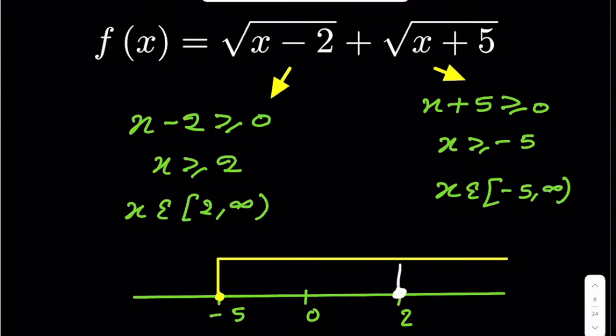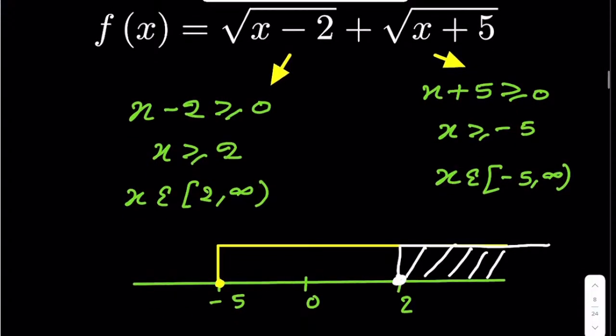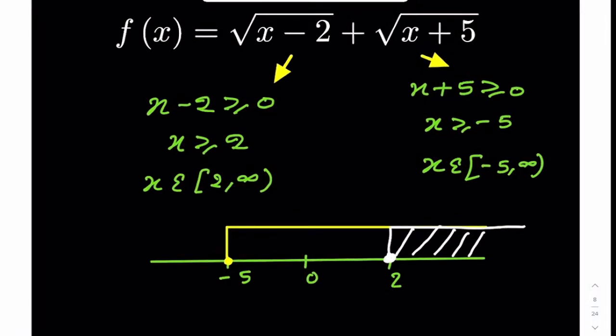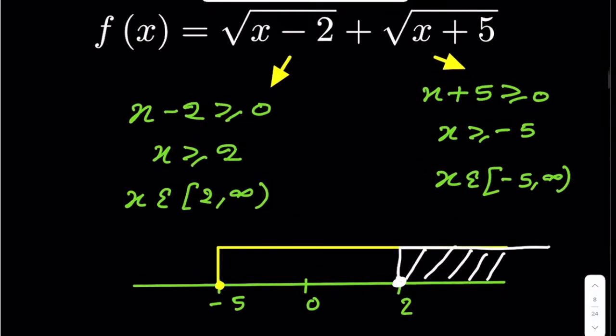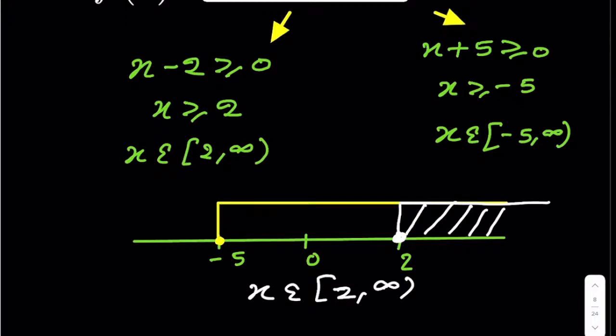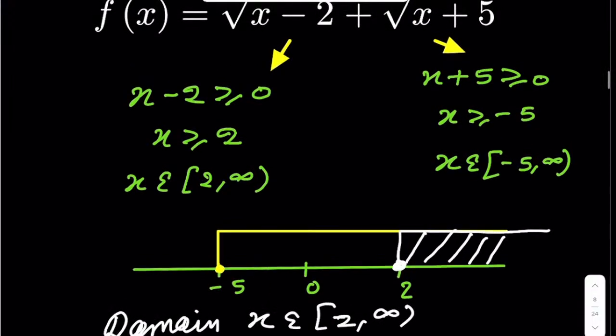The common part of these two, this one, means finally the domain is the closed interval 2 to infinity, which is the right answer. I hope you understand. So the domain is finally the closed interval 2 to infinity.